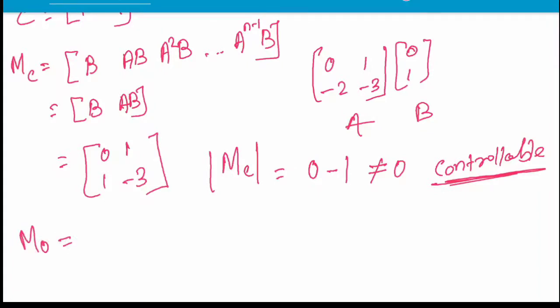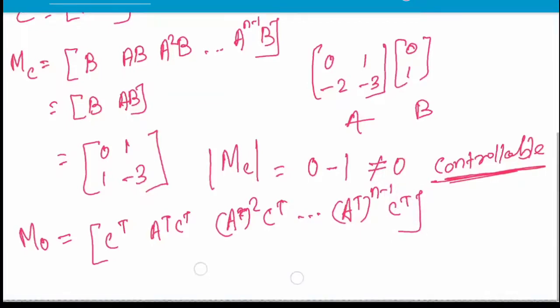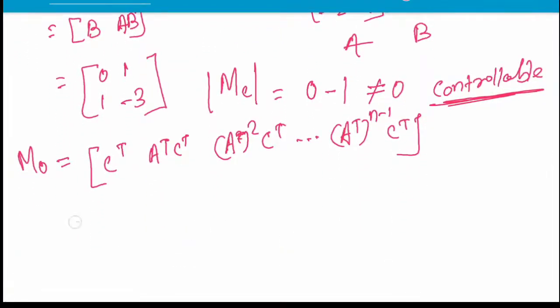The next is the composite matrix for the observability test. This matrix is [C transpose, A transpose C transpose, A transpose squared C transpose, and so on up to A transpose to the power n minus 1 C transpose]. For a 2 cross 2 matrix this is [C transpose, A transpose C transpose].